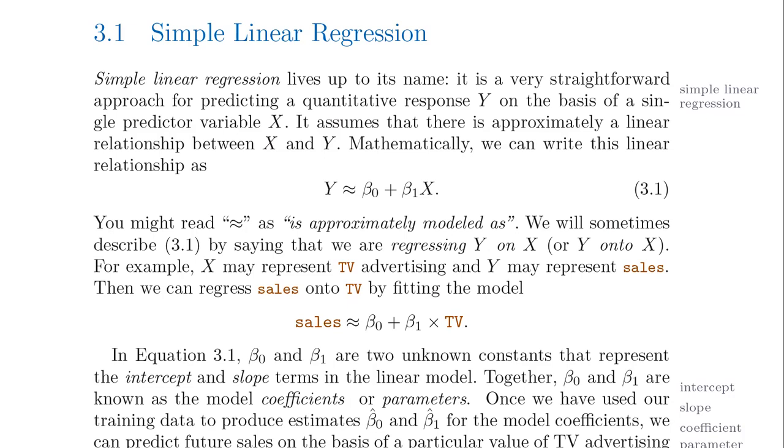It is a very straightforward approach for predicting a quantitative response y on the basis of a single predictor variable x. It assumes that there is approximately a linear relationship between x and y.